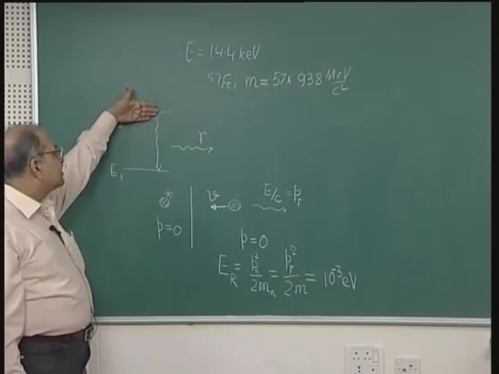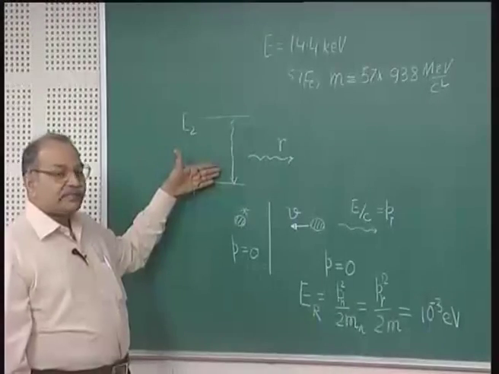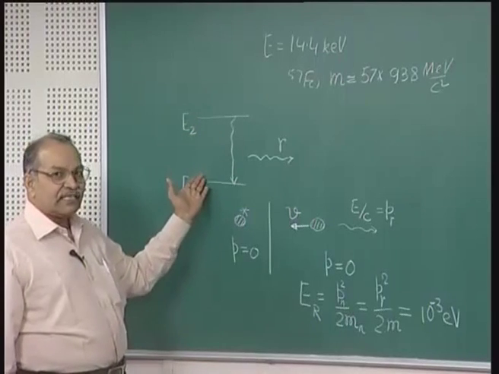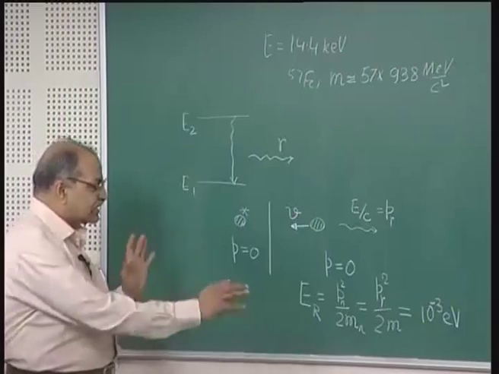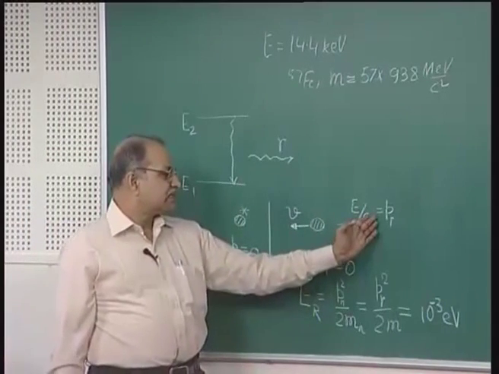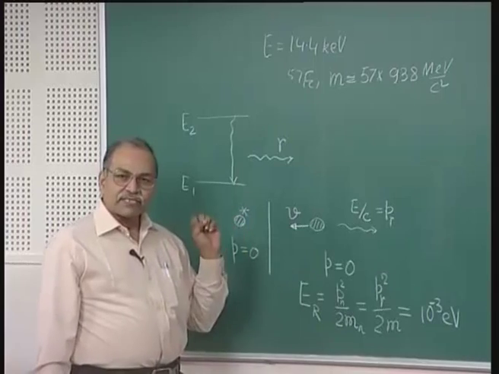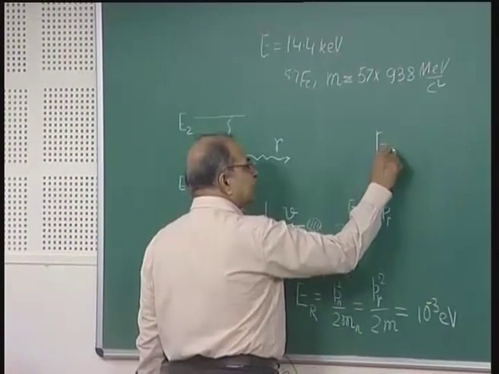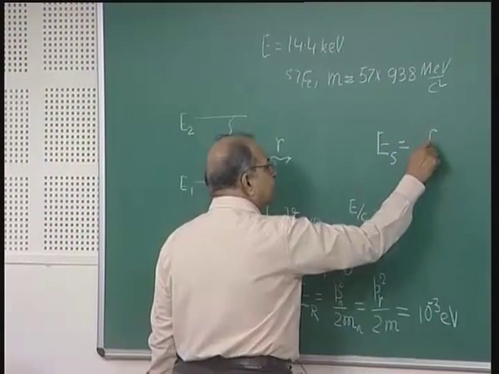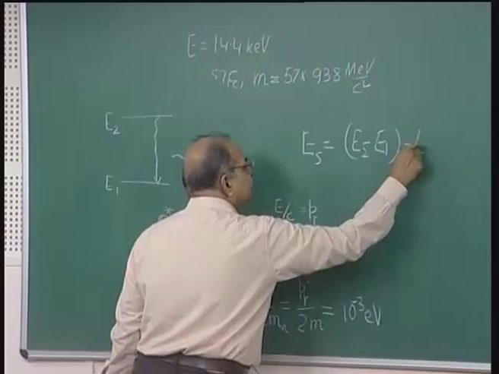If the nucleus is coming from here to here, the energy which is made available is just E2 minus E1, and from this E2 minus E1 itself you have a division. Some energy is taken away by the gamma ray, some energy is taken away by the nucleus, and therefore, the energy that is emitted will be E2 minus E1 minus ER.